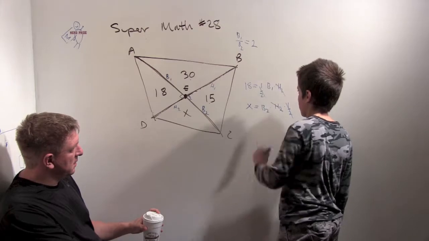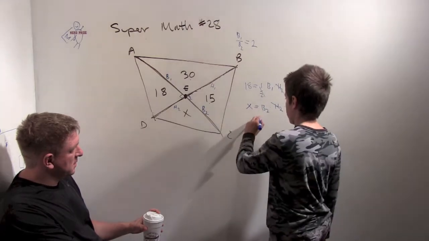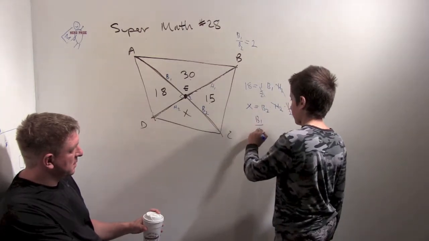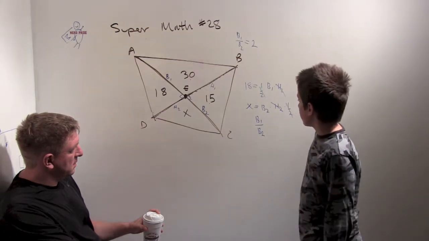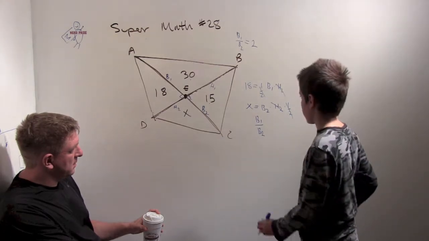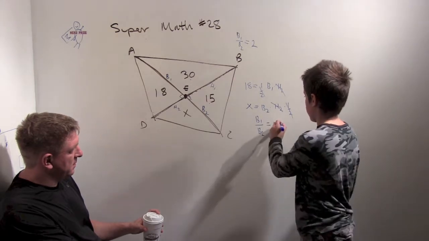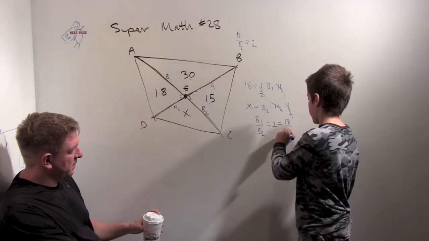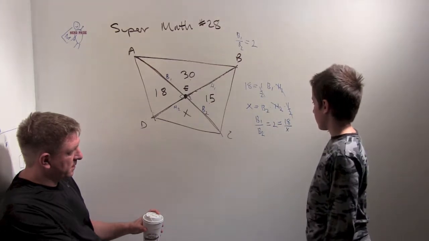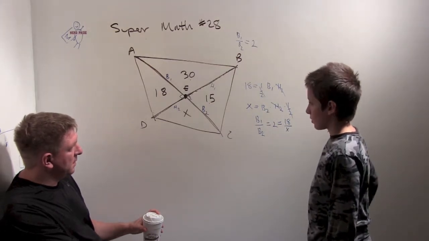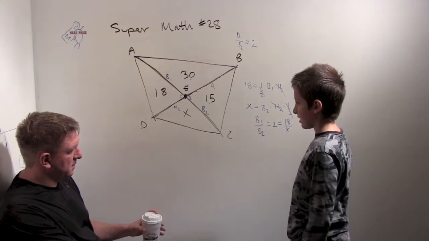Cancel, cancel, and I get b1 over b2 again, which is 2, which is also 18 over x. So that means x has to be 9.